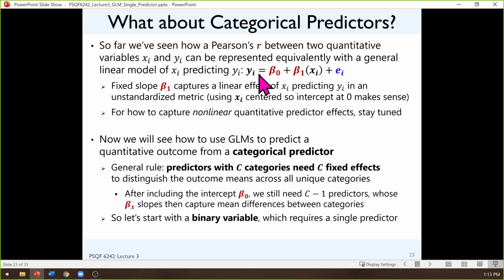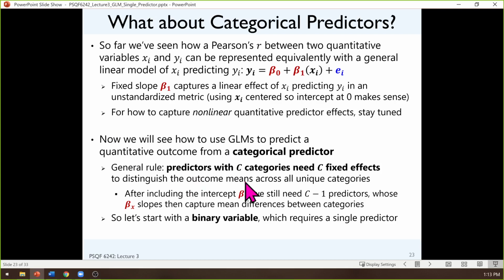So the basic idea of putting in x as a predictor variable does not change at all if you're talking about x as a quantitative variable versus x as a binary variable. It just takes a little bit of logic in wrapping around what it means to have a 1 unit increase in x, because what that actually means for a binary predictor is going from a value of 0 to a value of 1.